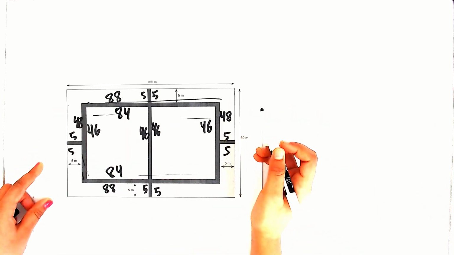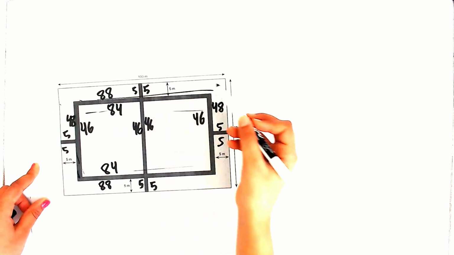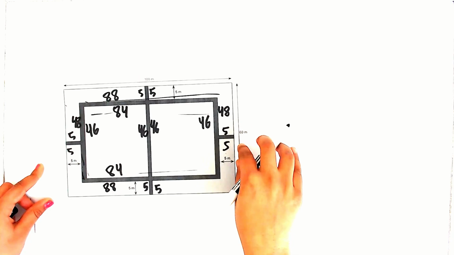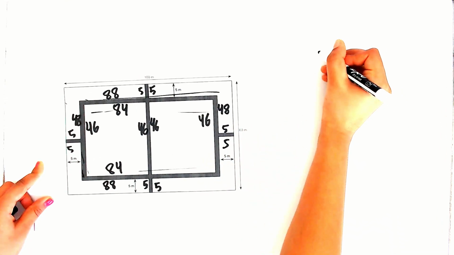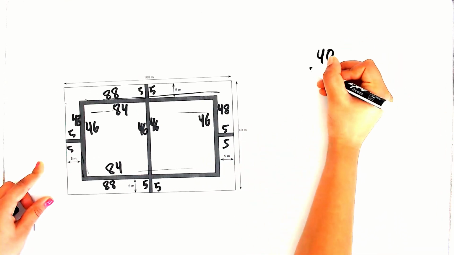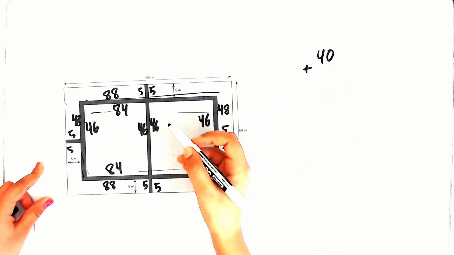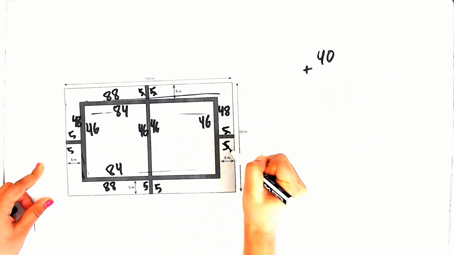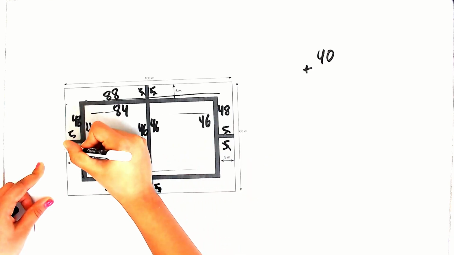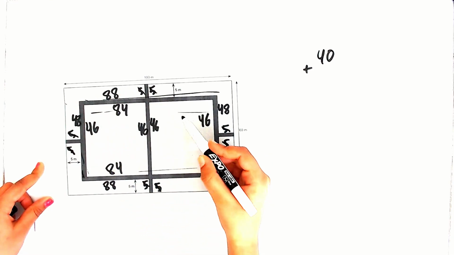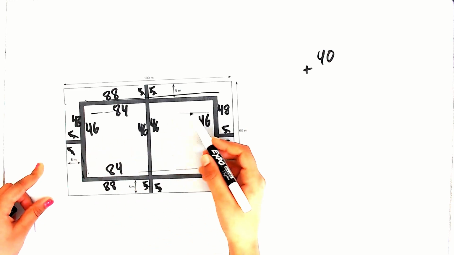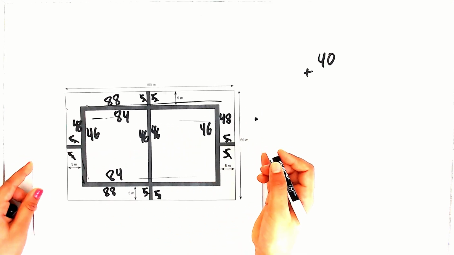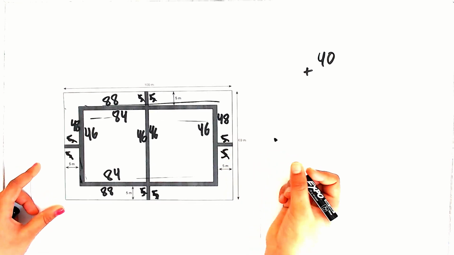So first, let's add the 5s. There's 1, 2, 3, 4, 5, 6, 7, 8 5s. 8 times 5 is 40. So let's cross them out because we already did that. Now let's do the 48s. There's 2 48s, so 48 plus 48 equals 96.